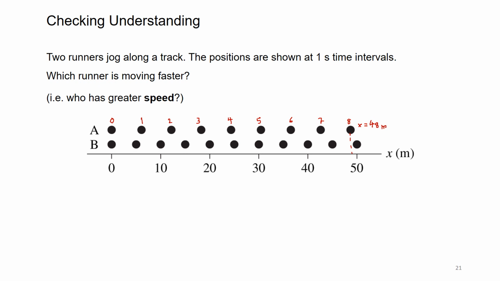And then for runner B, we can mark the times again. So we have 0, 1, 2, 3, 4, 8, 9, and 10. And the final position is 50 meters.